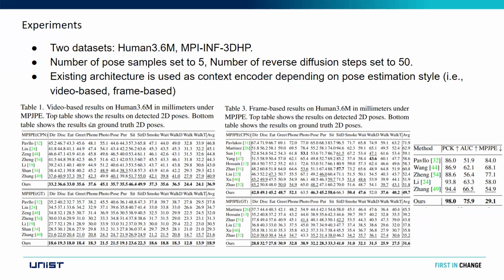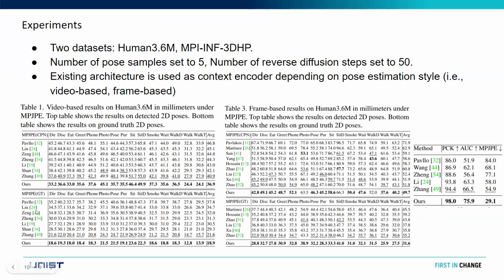So here are the results in Table 1, we can see two tables. The top table represents the video based results on Human3.6M on detected 2D poses. So they use an existing off-the-shelf 2D pose detector, CPN, and they generate 2D poses with that. And as you can see, the result is always better than the previous approaches.